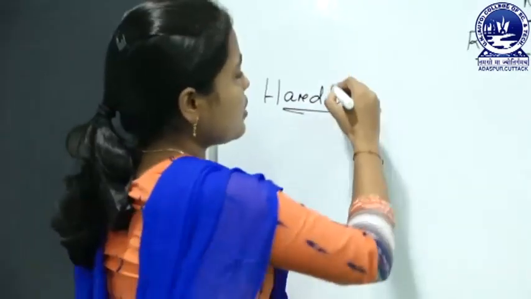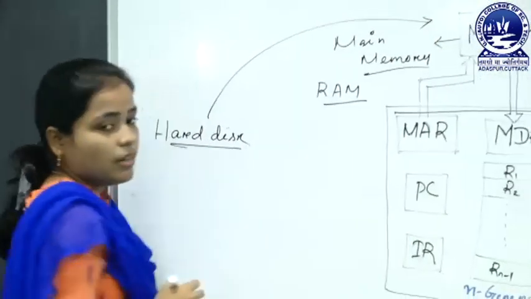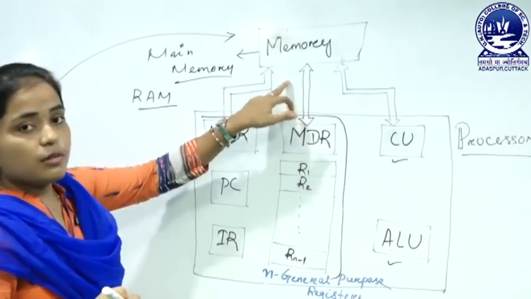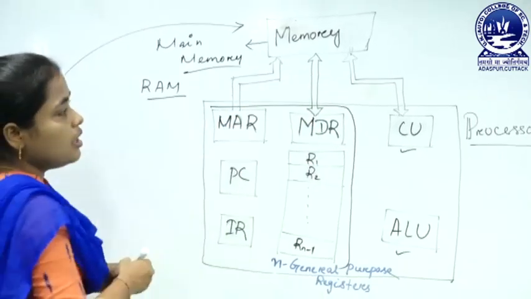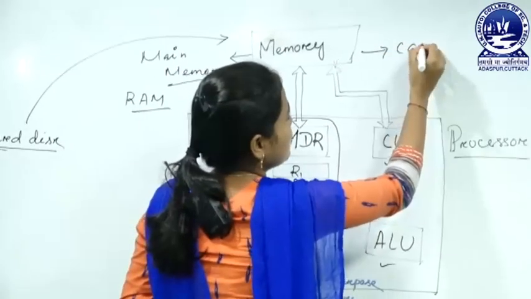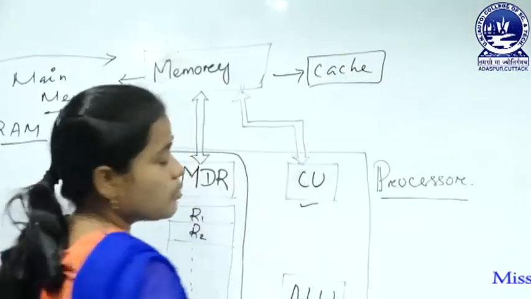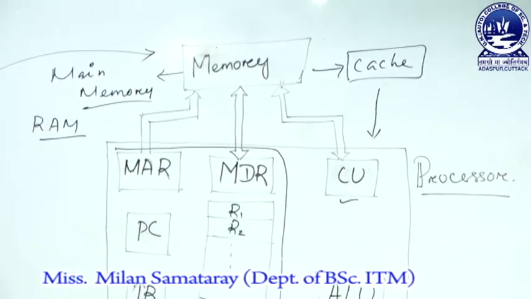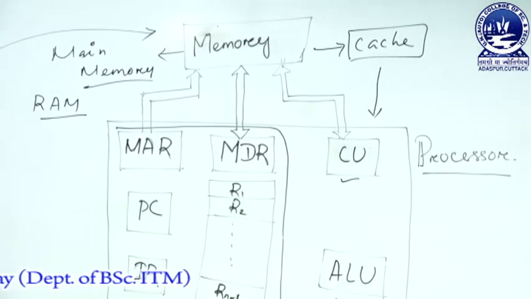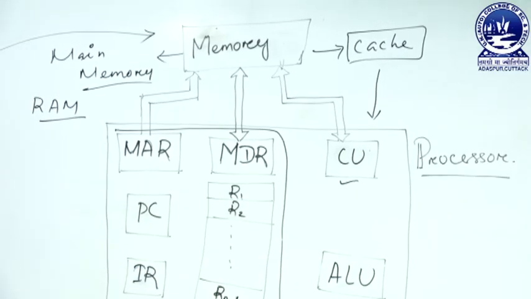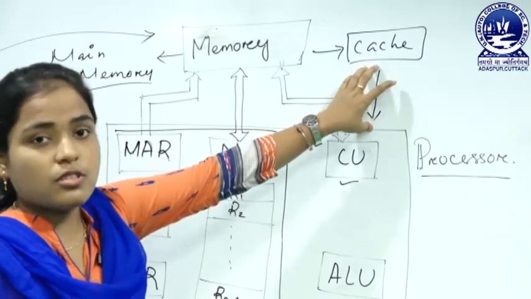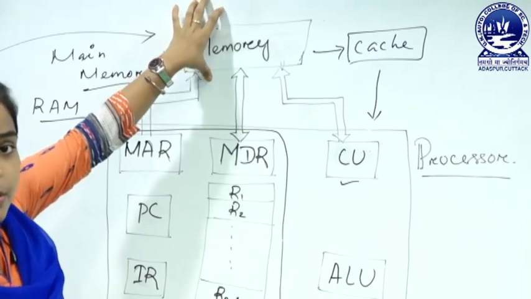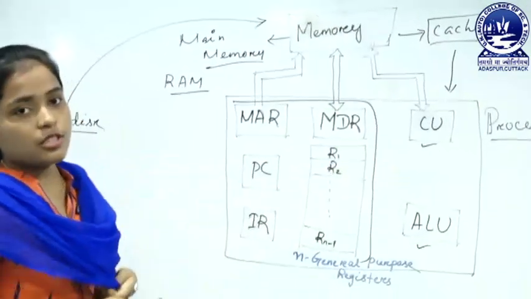First we have to transfer the program to the main memory, then from the main memory to the cache memory. Then from the cache memory it is transferred to the processor, as we know. But in this lecture we will only discuss the connection between the primary memory or main memory and the processor.